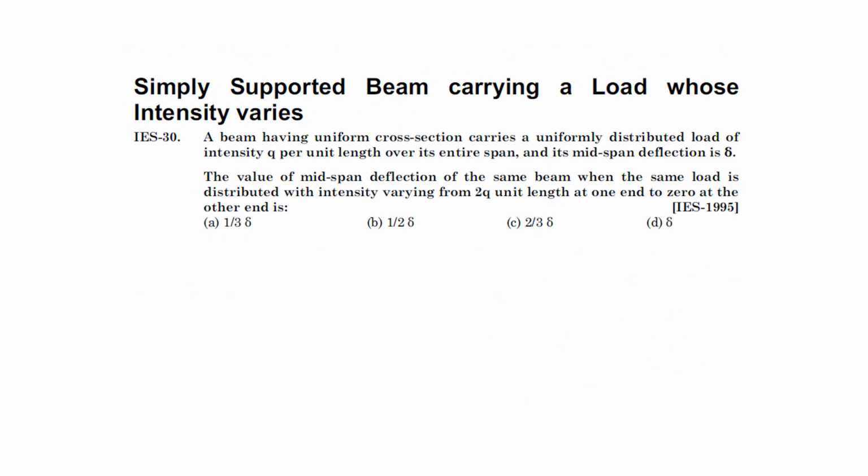Next question. A beam having uniform cross section carries a uniformly distributed load of intensity Q per unit length over its entire span, and its mid-span deflection is delta. What is the value of mid-span deflection of the same beam when the same load is distributed with intensity varying from 2Q per unit length at one end to 0 at the other end?